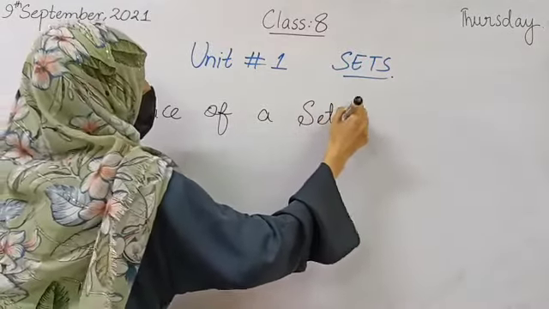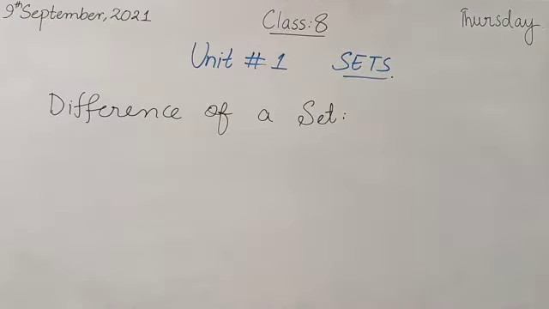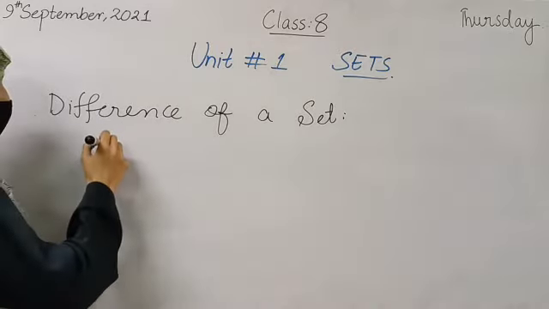Difference of a set. If two sets are given, for example set A and B, then their difference will be the set containing all the elements of set A which are not in B. Okay?